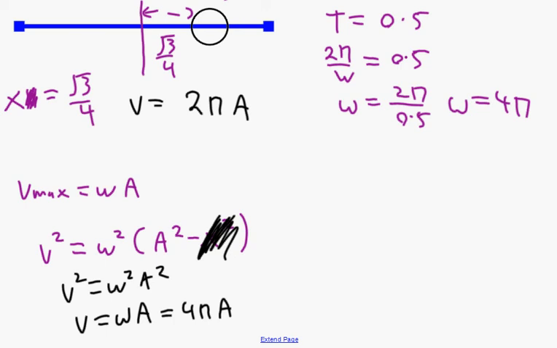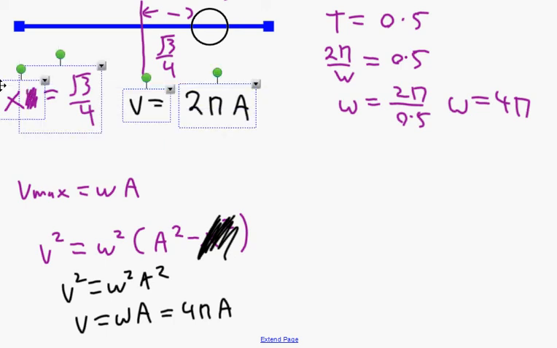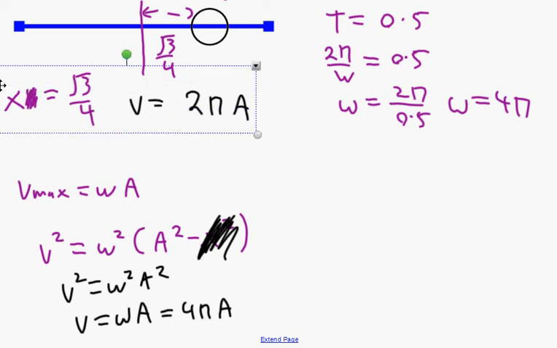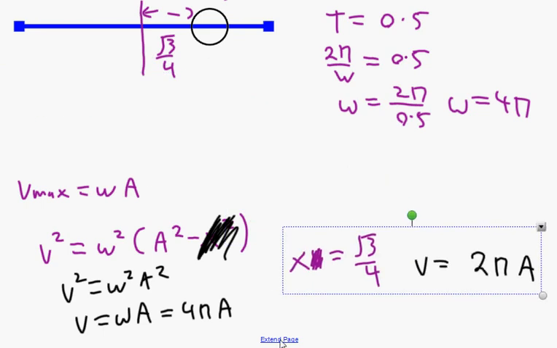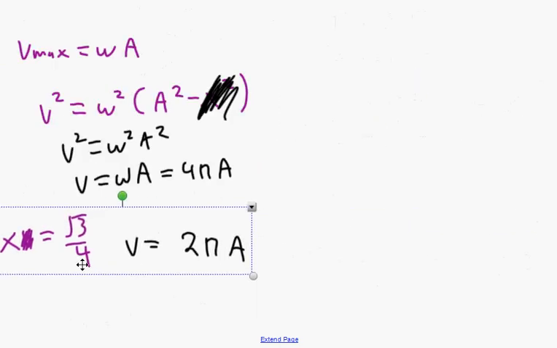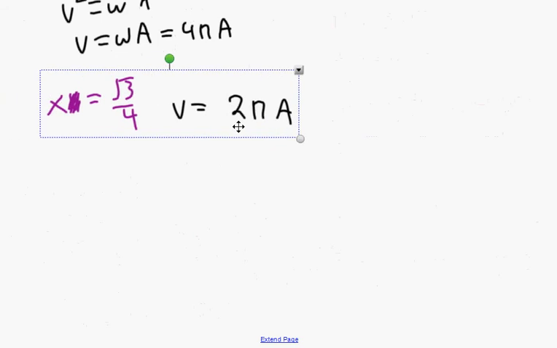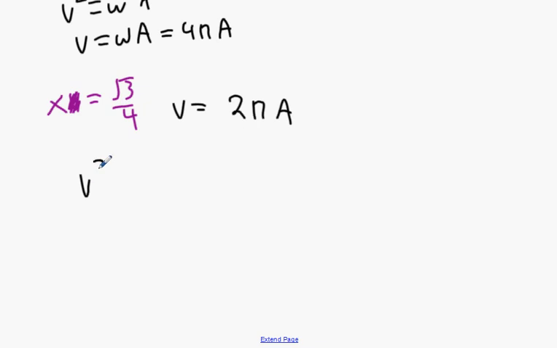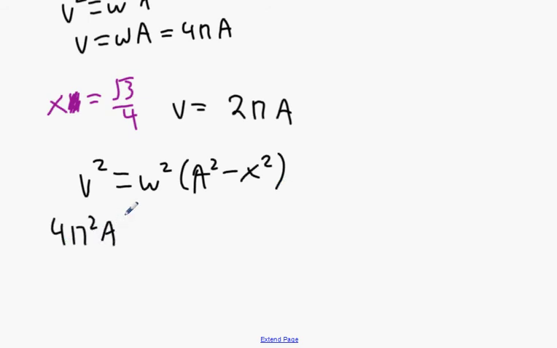So look, now we have this little information bubble here. We have it down here. That's what we need to use next. x and v. Is there any formula that combines x and v at the same time? v squared equals omega squared (A squared minus x squared). v squared is 4 pi squared A squared.